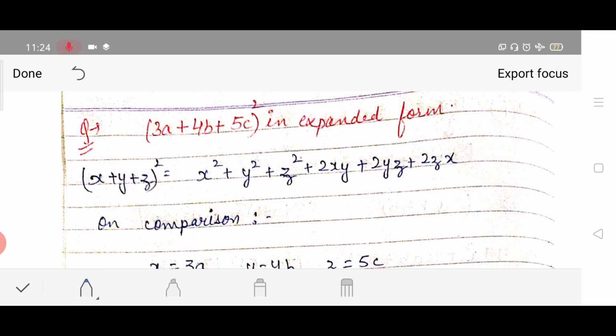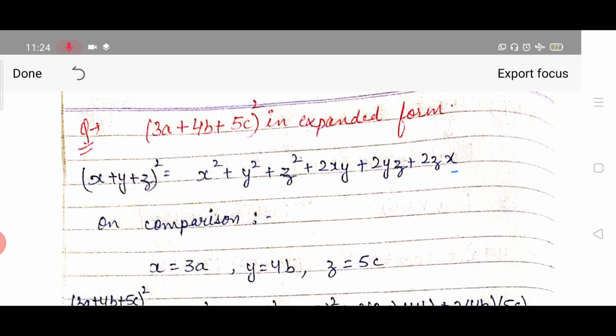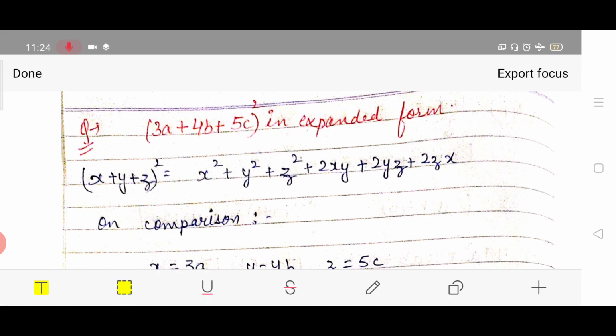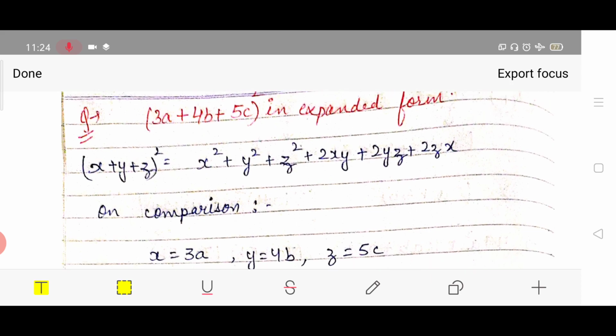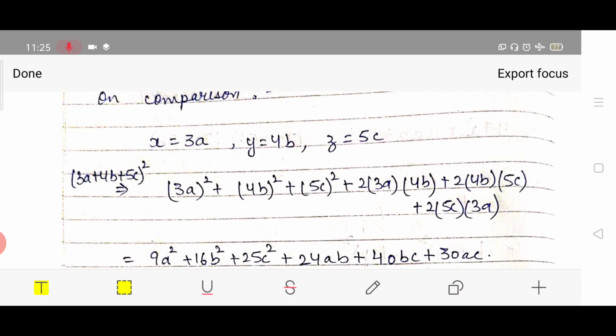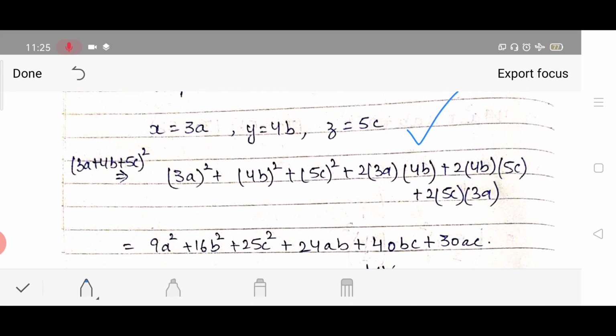From here you can see the value of x is 3a, the value of y is 4b, the value of z is 5c. If you place these values of x, y, z in this equation, you will get the expanded form. You go through this question through the video and note it down in your notebook. If you still have any doubt in this question, you can ask me. It is very simple. What we have done here, we just found the values of x, y and z, and we equated them into the identity, and then we just did the multiplication at every step.